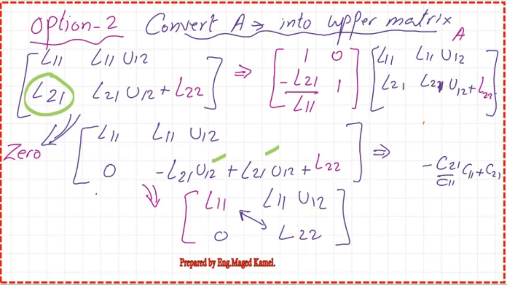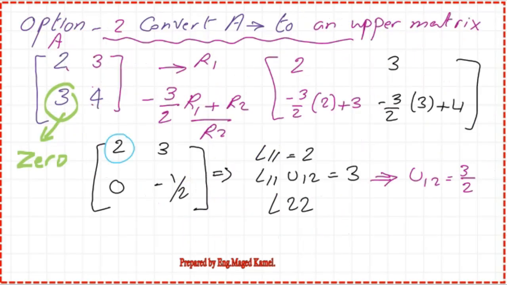We can do that by numerical example. This is option 2, to convert A into an upper matrix. We have this matrix A, 2, 3, 3, 4. We need this element to become 0. So we keep the first row and we use this as a pivot. We divide 3 over 2, multiply by minus 1, and add to the second row.